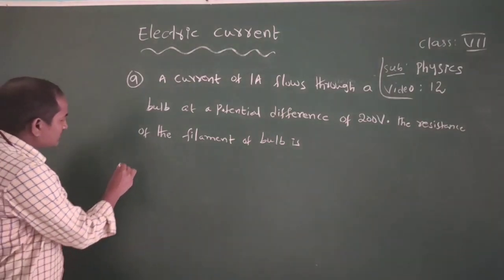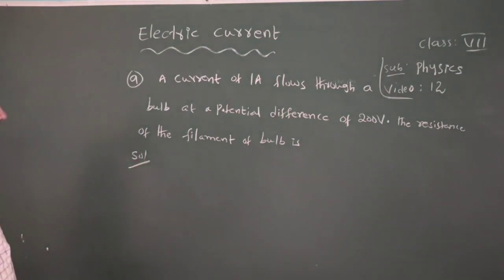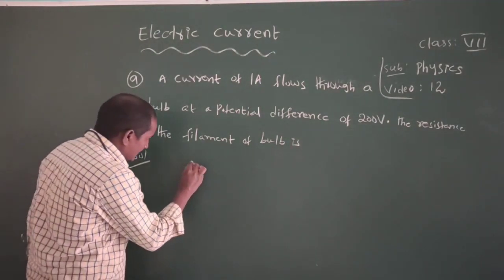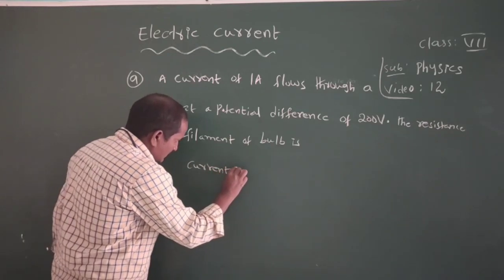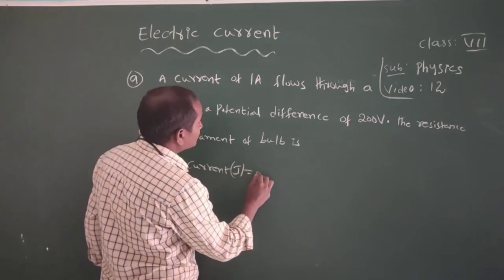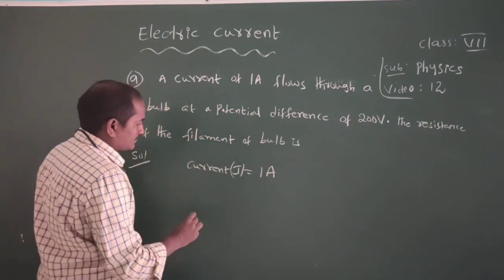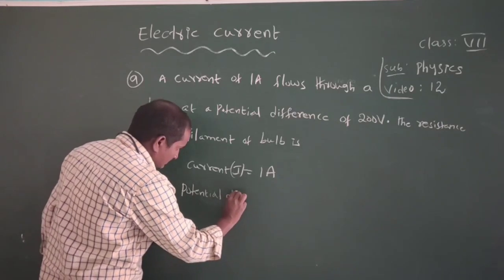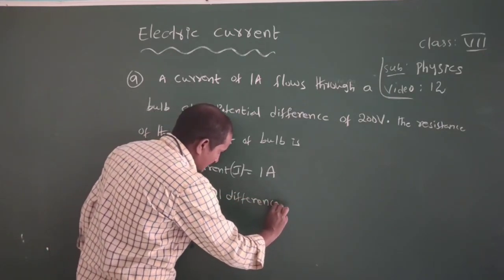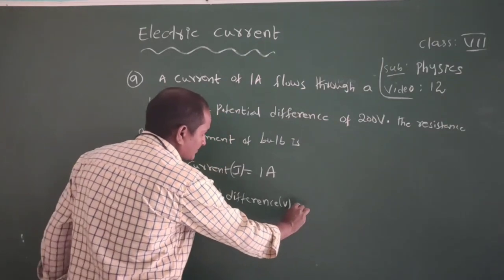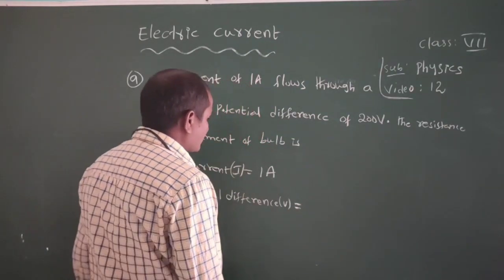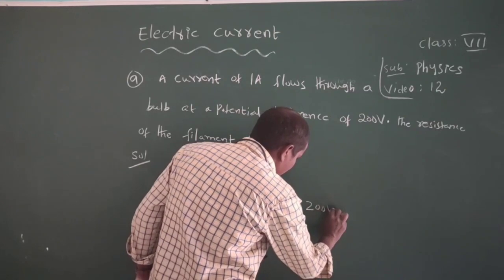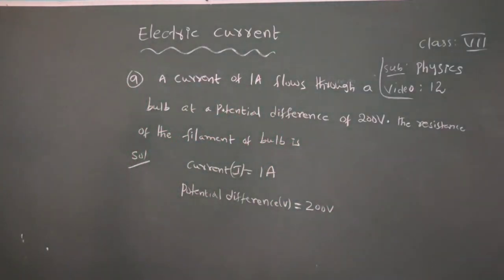So here, what is given by the system? Potential difference is given and the current is given. So here electric current I equal to 1 ampere, potential difference V equal to 200 volt.